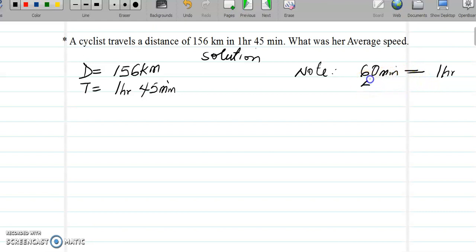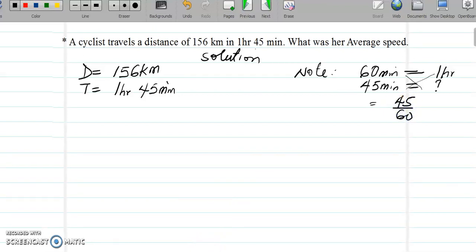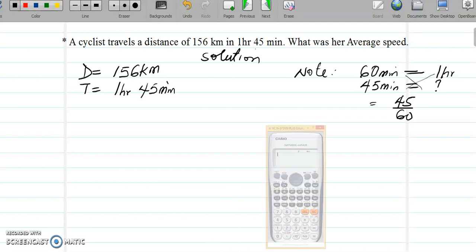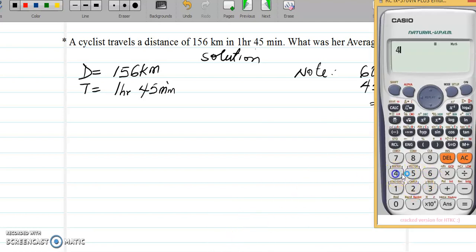Then 45 minutes will give us how many hours? If I cross multiply, I will have 45 divided by 60. If I divide 45 by 60, I'll have 0.75.